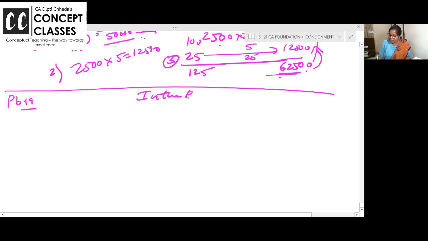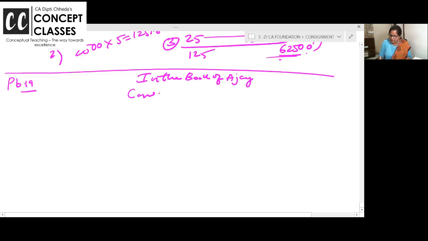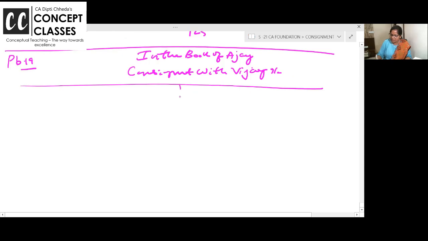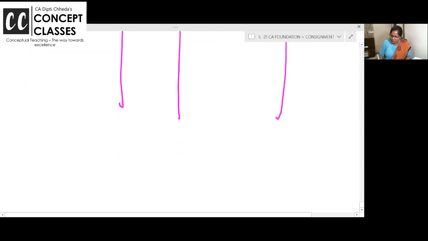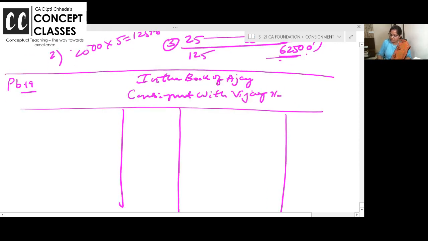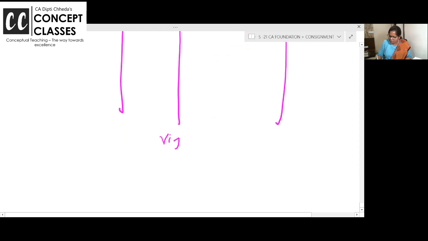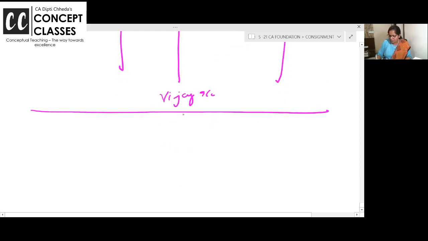In the books of Ajay, consignment with Vijay account. We have consignment with X, Y, Z, Sanjay, Vijay, Dhananjay, with everyone. We'll have to prepare one account properly. And in the books of Ajay, Vijay's account also we will prepare.